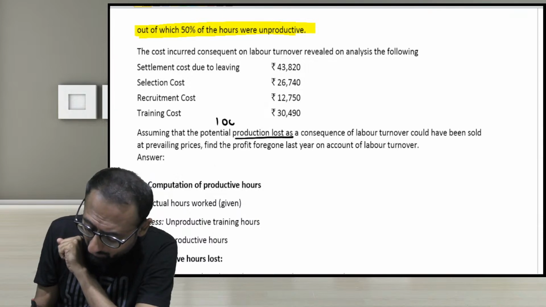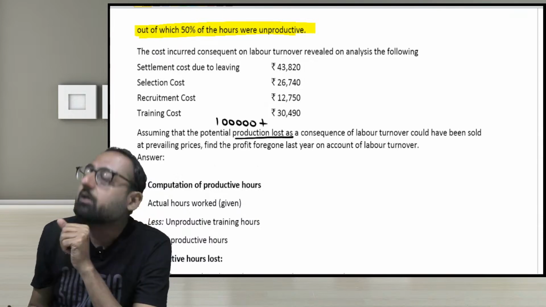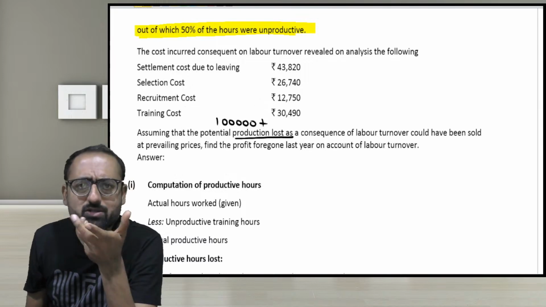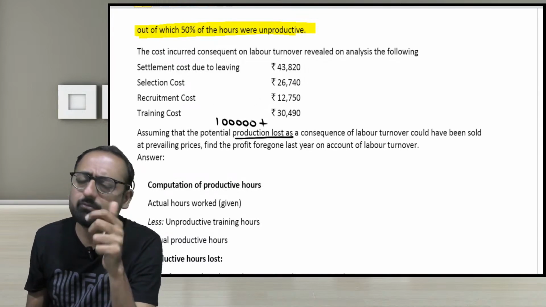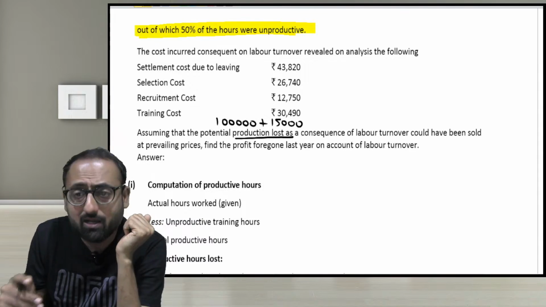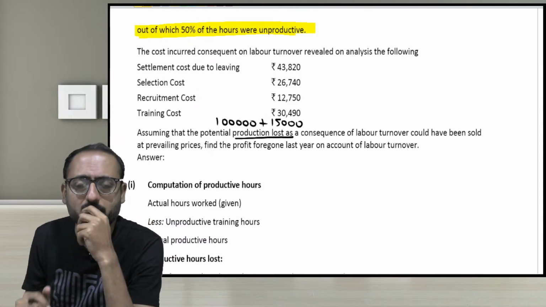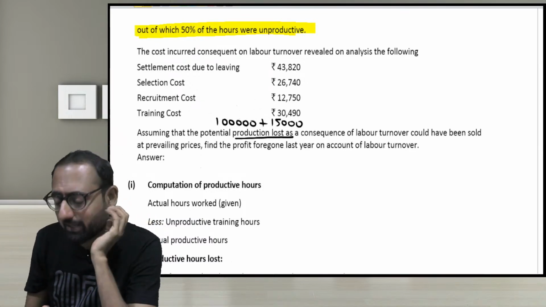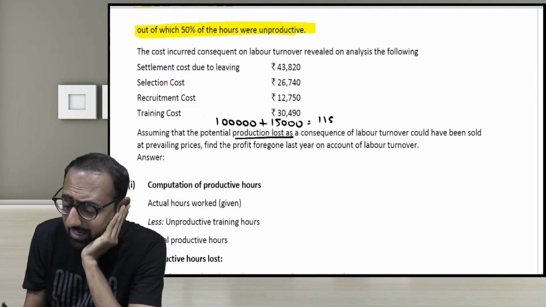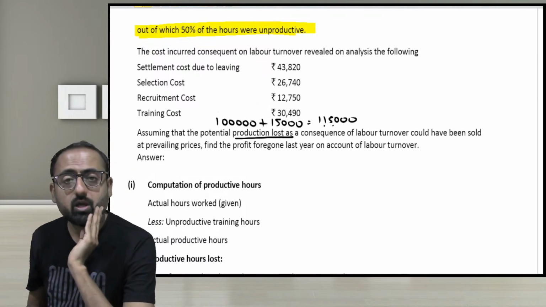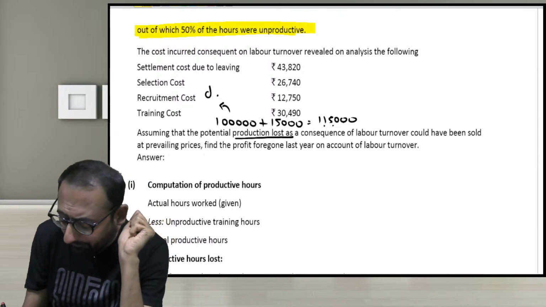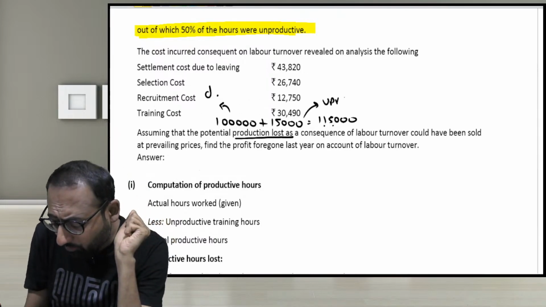In 1 lakh hours, production was not possible because there is a delay in filling of the vacancies, plus 15,000 training hours are unproductive. So total hours lost in the last year was 1,15,000: 1 lakh due to delay and 15,000 unproductive training hours.